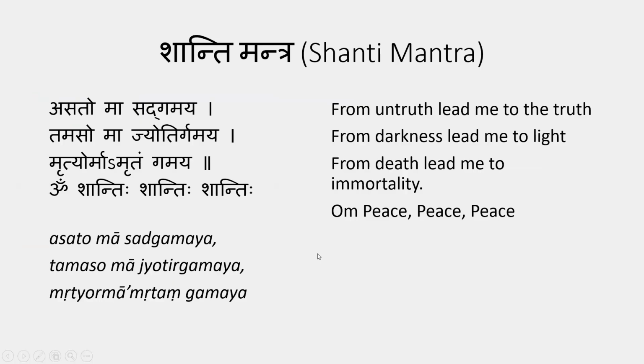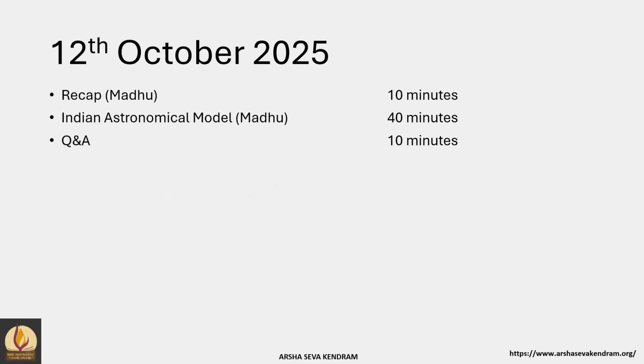So today's class is going to be a kind of continuation of the last class, where we will logically complete the subject that we started with, which is the Bharatiya Astronomical Model. We will do a quick recap of what we discussed last week, then talk a little bit more about the Indian Astronomical Model.